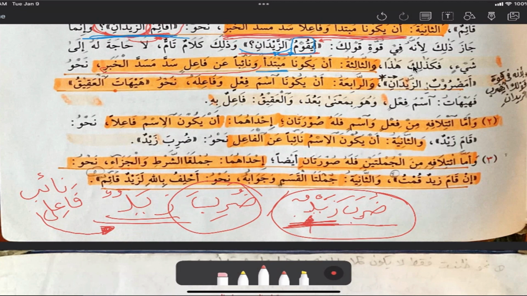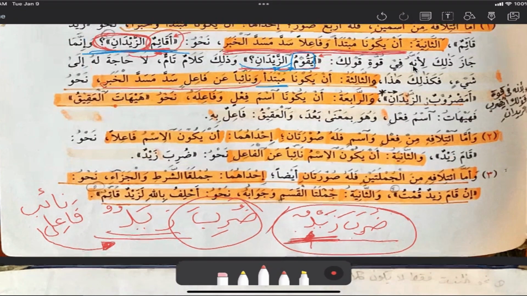So what Ibn Hisham is telling us here is that this vice doer can also be filling the space of a predicate, just like the doer. When we said qa'imun Zaydan, we said that's a doer.